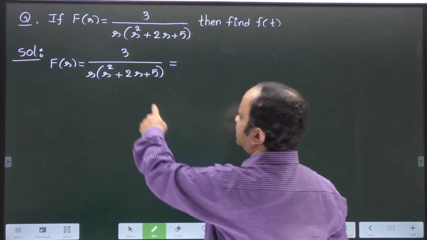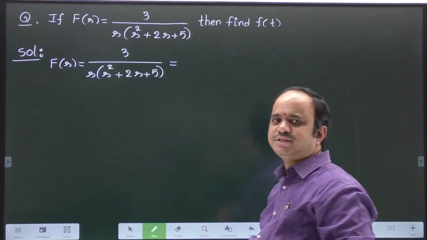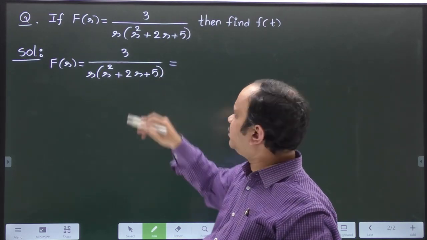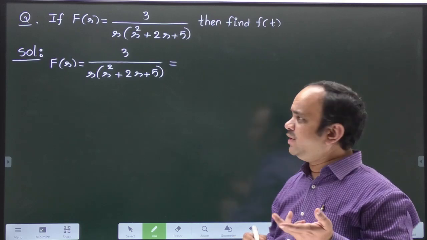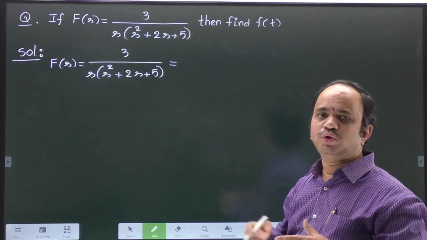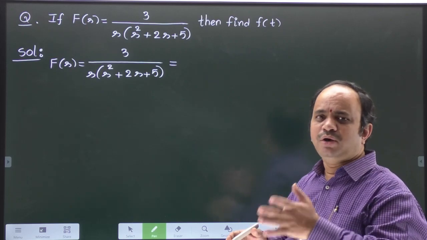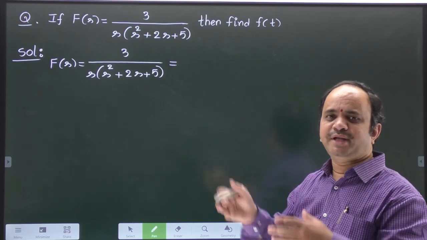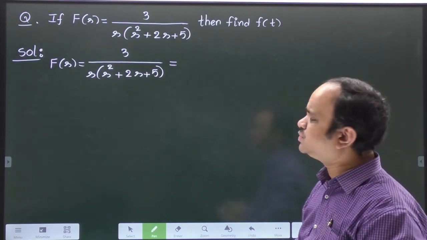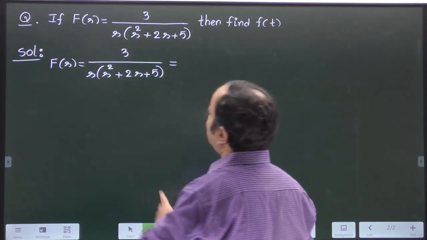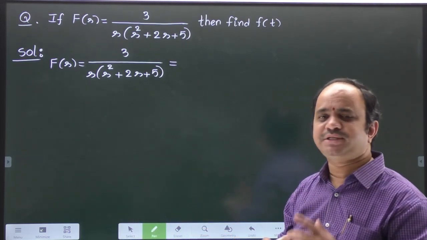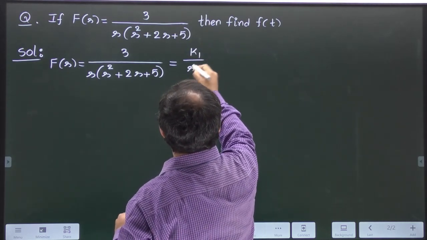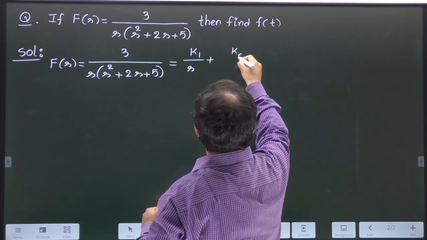How can you identify this? Simply calculate b square minus 4ac. b square is 4, minus 4ac, that is 20. So, b square minus 4ac is negative. Therefore, in the roots expression, minus b plus or minus root of b square minus 4ac divided by 2a, since inside the root b square minus 4ac is a negative value, the roots will be complex numbers.